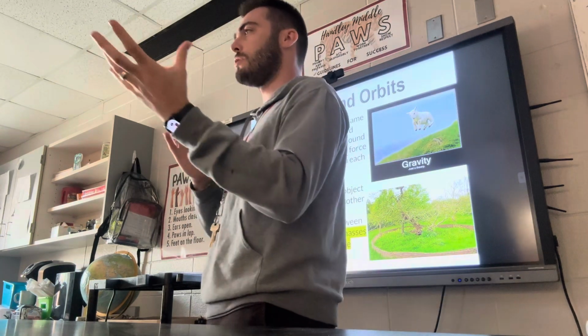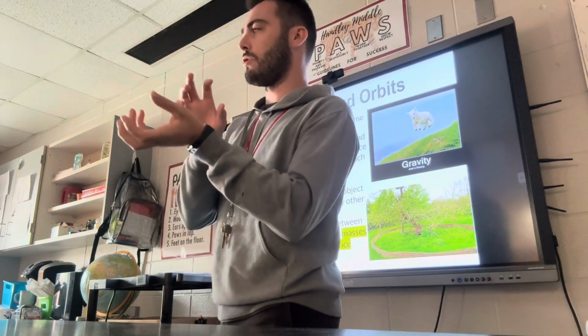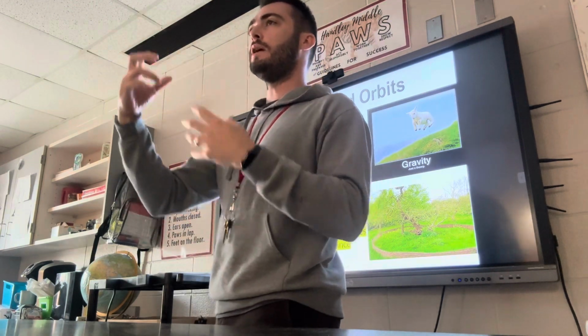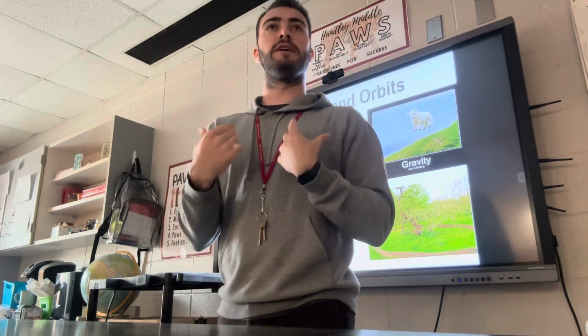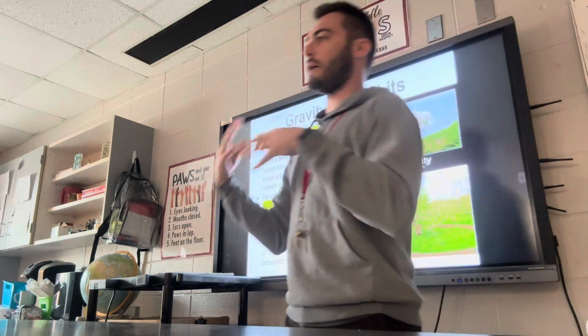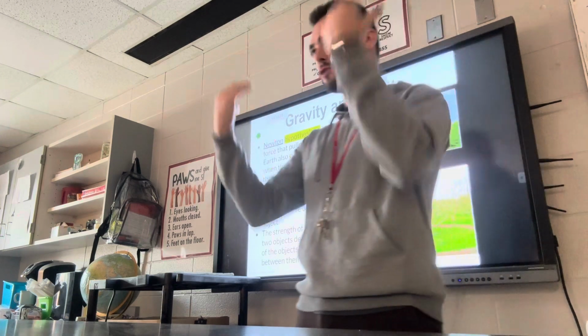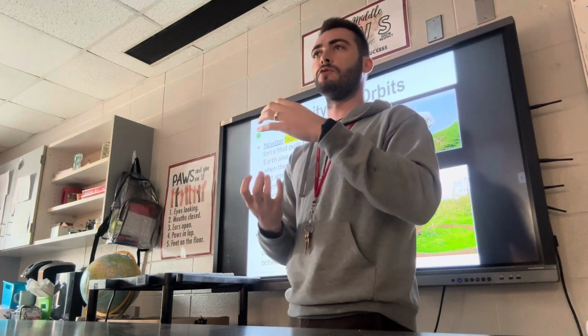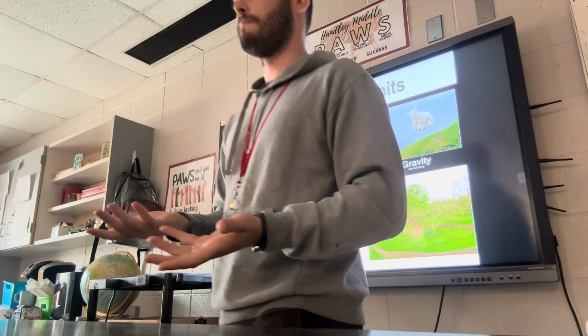But that force is so much weaker than the force between the earth and us that we only feel the force of gravity pulling us down. We don't feel attracted to the wall. We're pulled down because the force of gravity from earth is much greater, because the earth is so much bigger, okay?